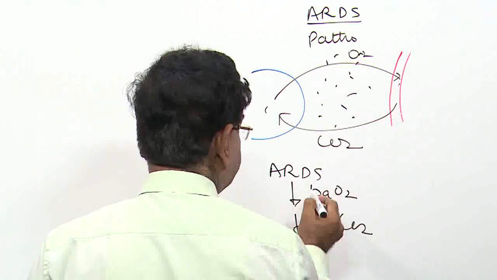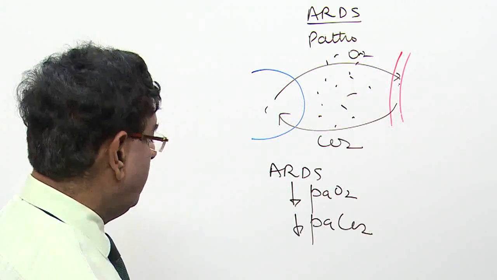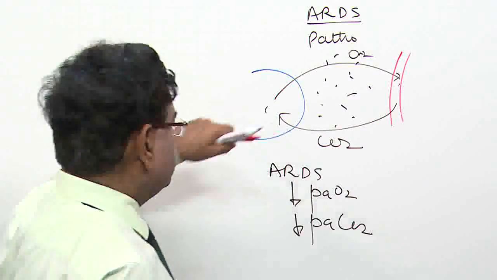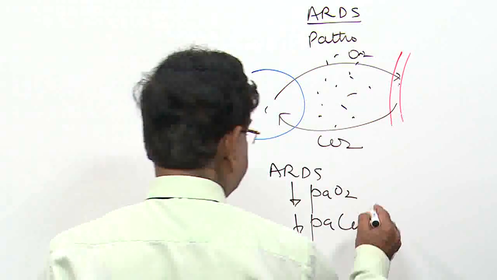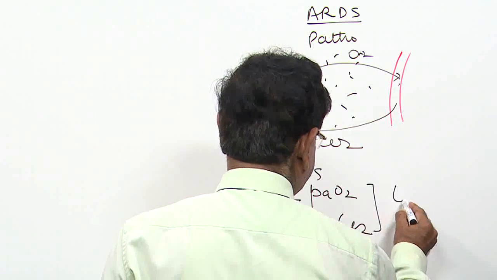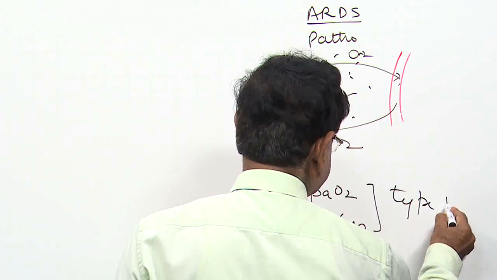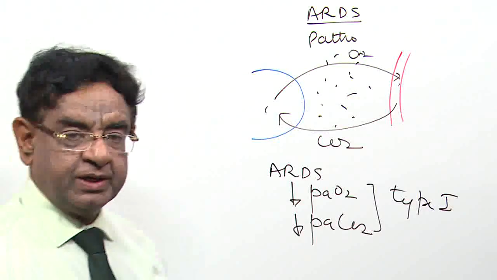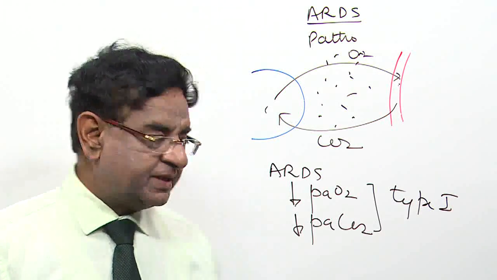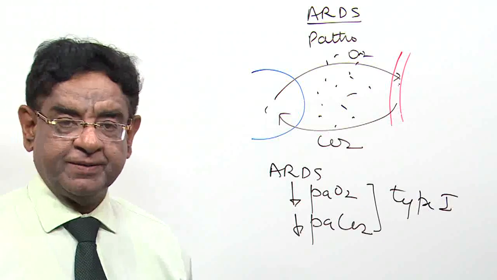Oxygen cannot go in, reduced PaO2; CO2 can come out, reduced CO2. That's why you get type 1 failure in ARDS. As you know, type 1 failure means hypoxia with hypocarbia.